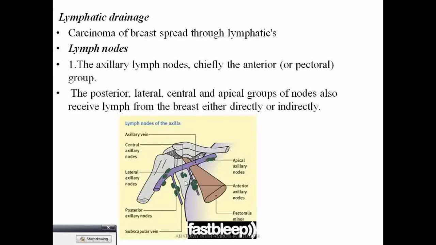Central group at the center of the axilla. Apical group below the clavicle or at the apex of the axilla. So they also receive lymph from the breast either directly or indirectly. So these lymph nodes drain the mammary gland either directly or indirectly.